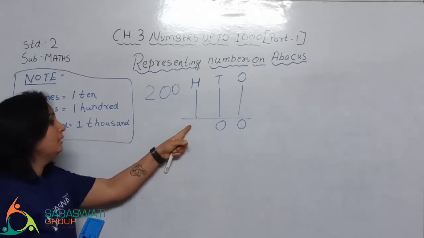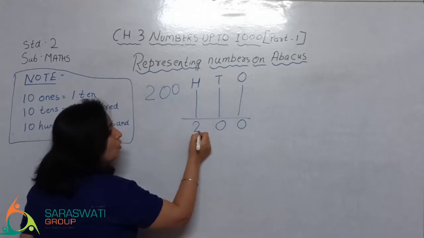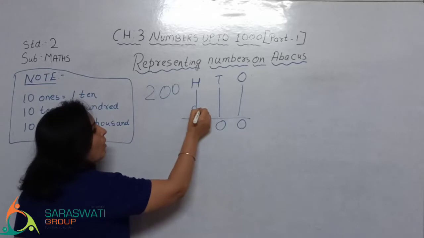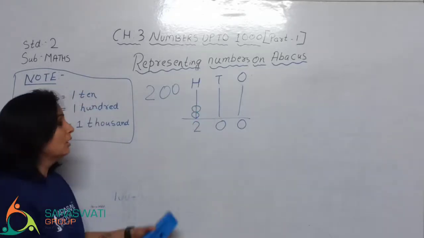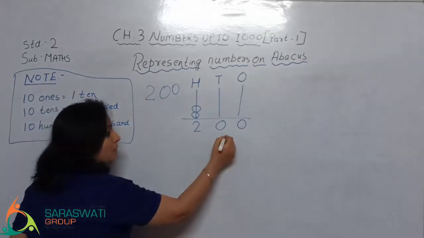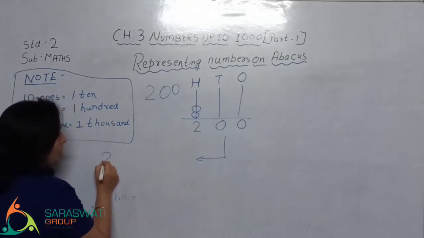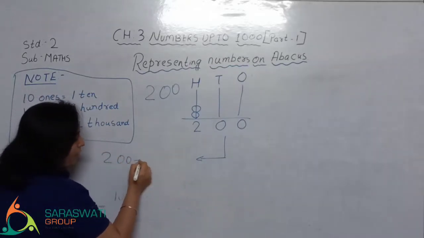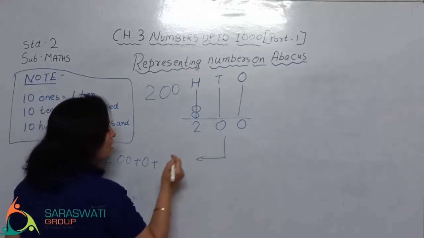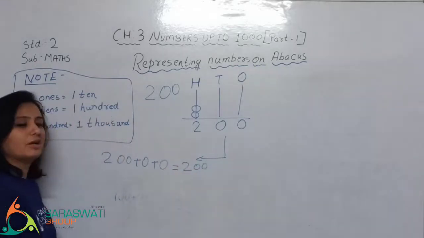And at 100 place, there are 2. तो मैं यहाँ पे क्या लिखूंगी 2 and how many beads? 1 and 1 more. So it will give me 2. So this is 200. और अगर मैं इसको भी expand करूं, so what number I will get? 200 plus how many tens? 0 tens plus 0 ones will give me 200. You can check it out.